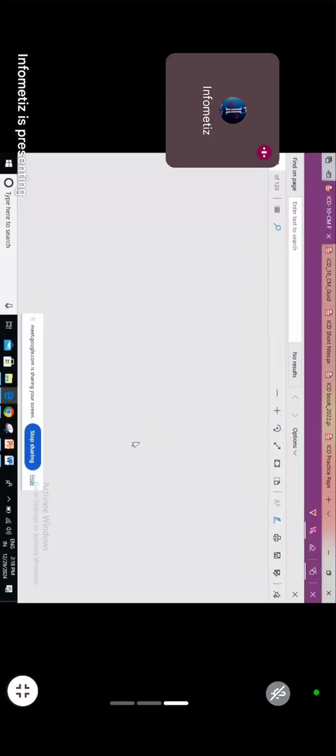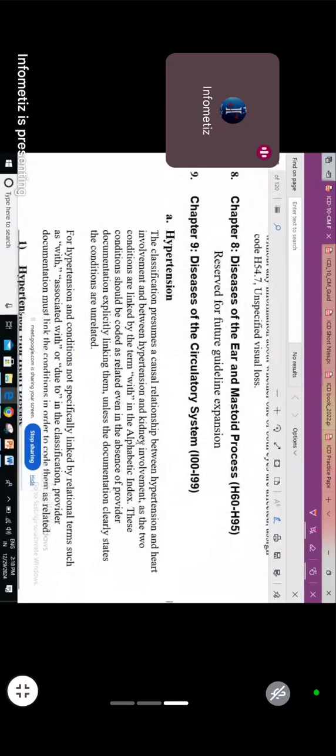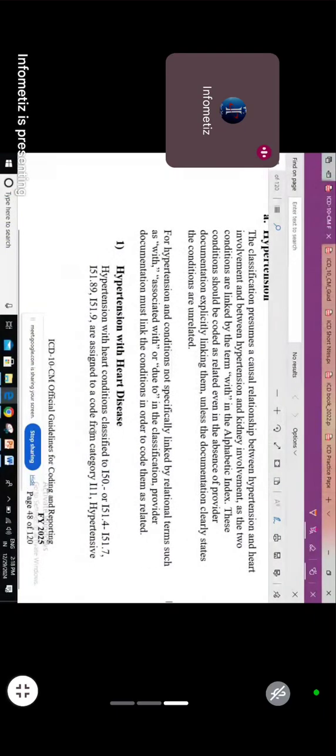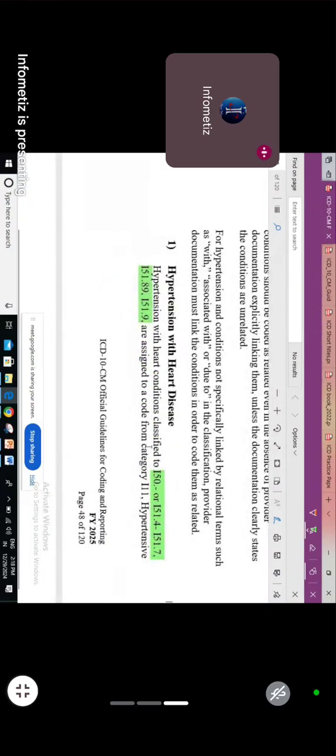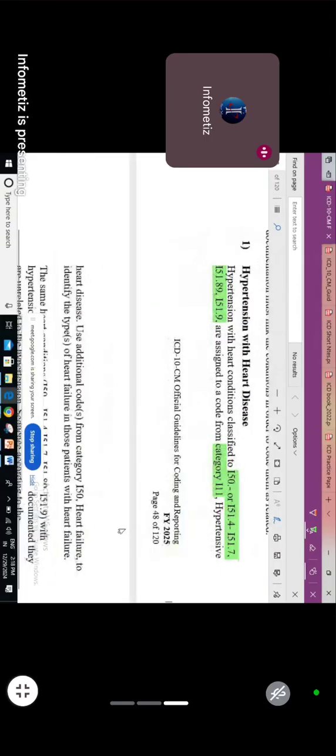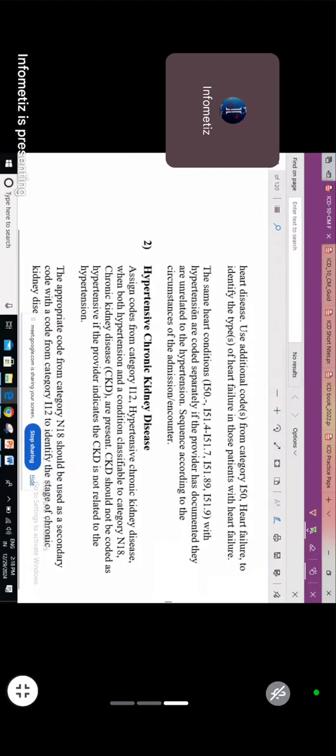Okay, so let me come to the guideline part. Here we have hypertension with heart disease. What is the color of hypertension then? Green? Good. I50, or I51.4 to I51.7, I51.8, I51.9. The category of the code will be the I11 series. These codes are coded separately.